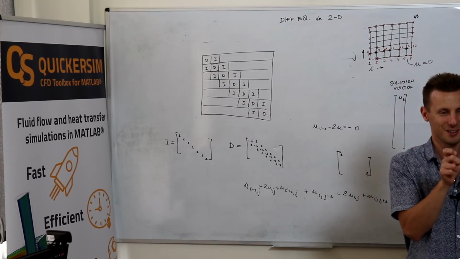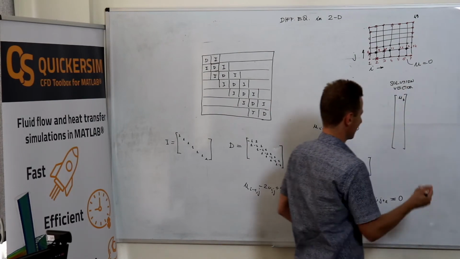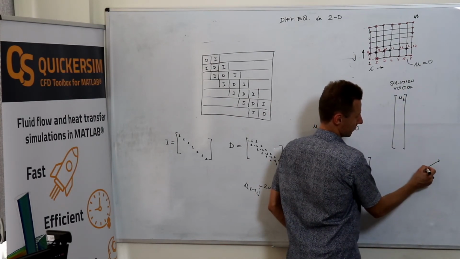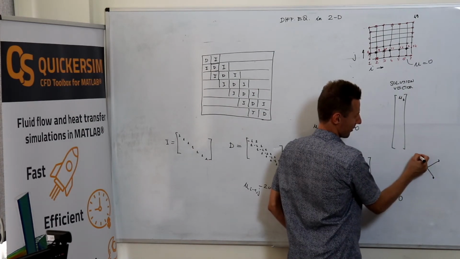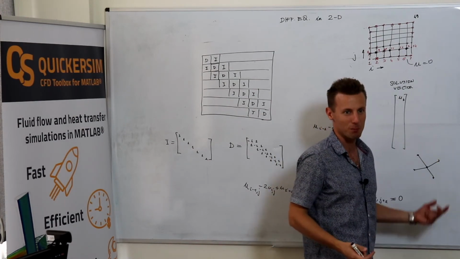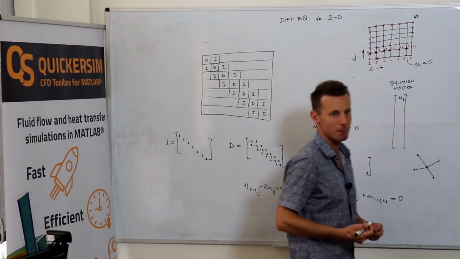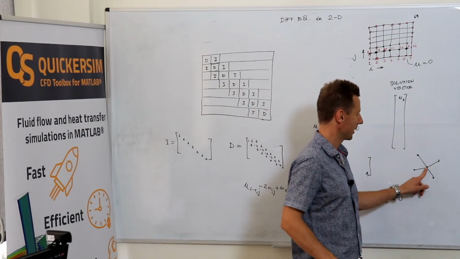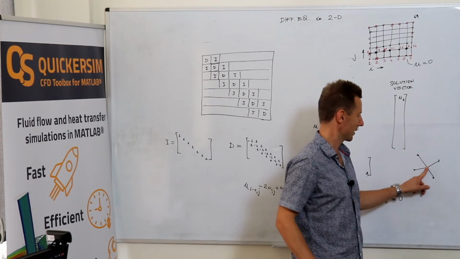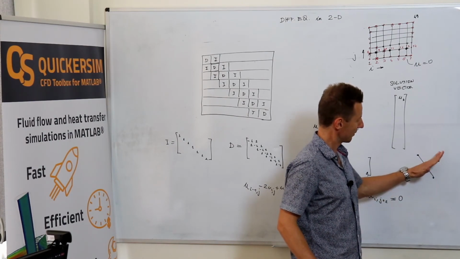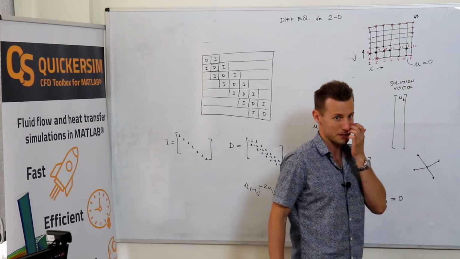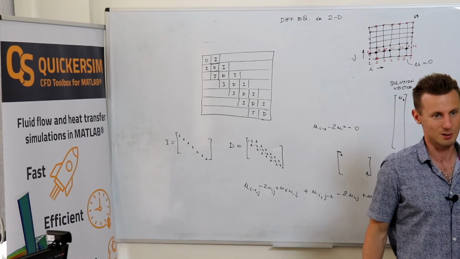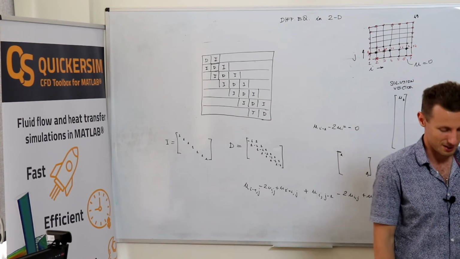Even if you've got something like that, you can probably still come up with some discretization of such a stencil, probably using the gradients at this position and the directions of these lines. But it's not something that is done.